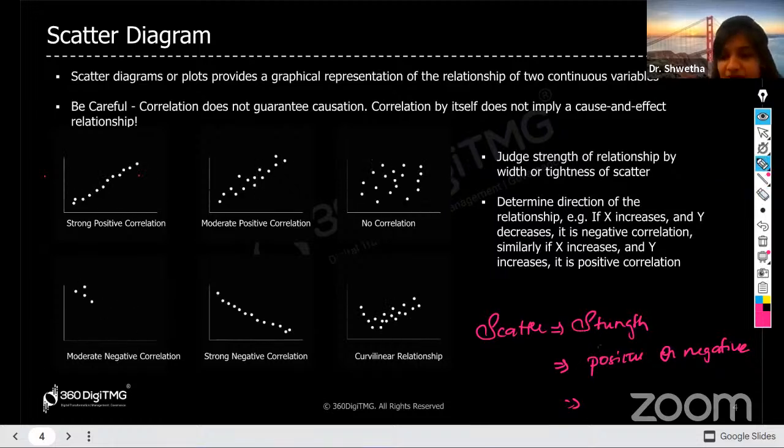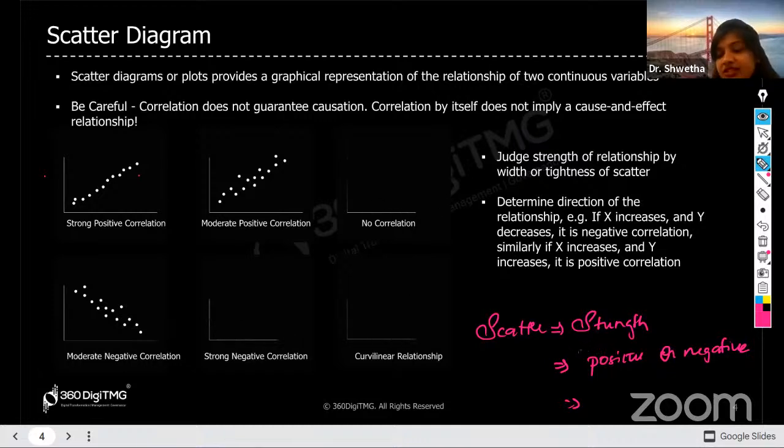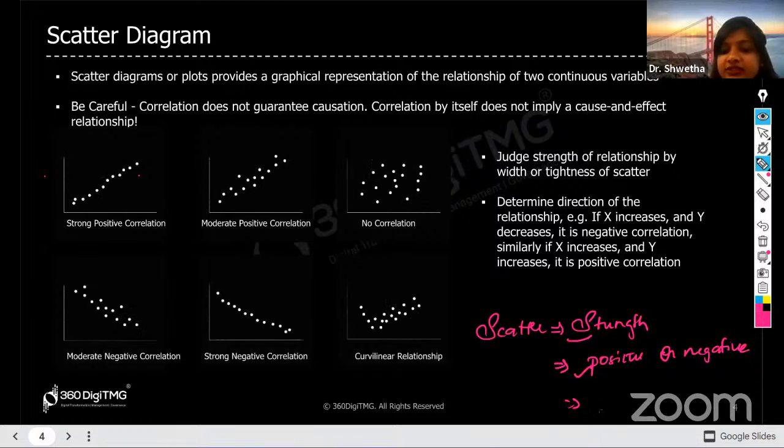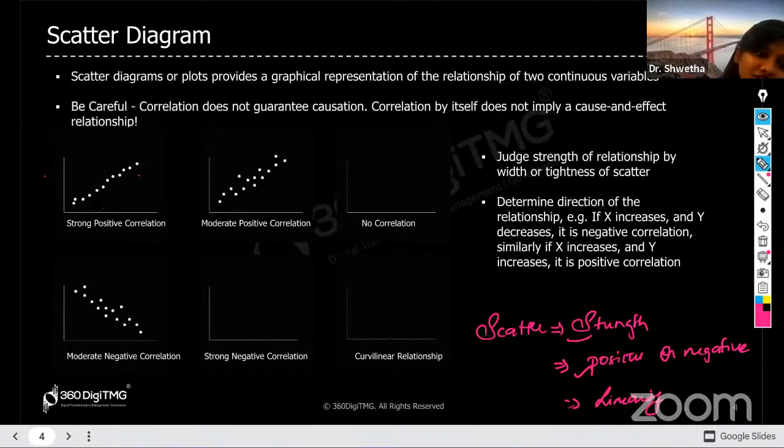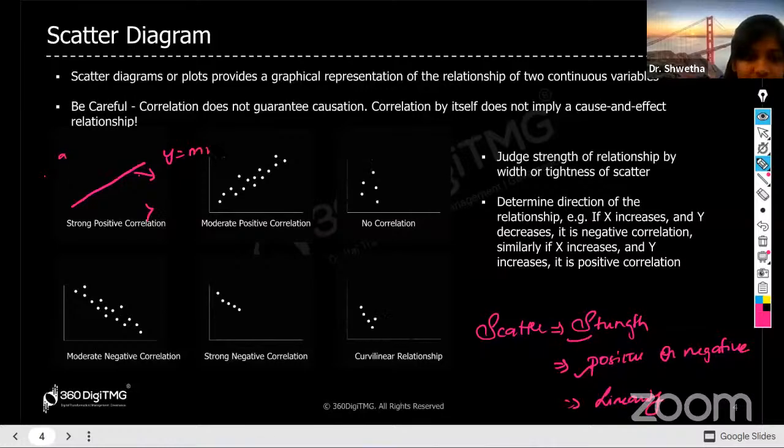So with the help of a scatter diagram, first we see the strength, then we move ahead with the direction, positive or negative, and we can also see the linearity. If there is a linear relationship between these two variables, then we can find the relationship between them with the help of a straight line.